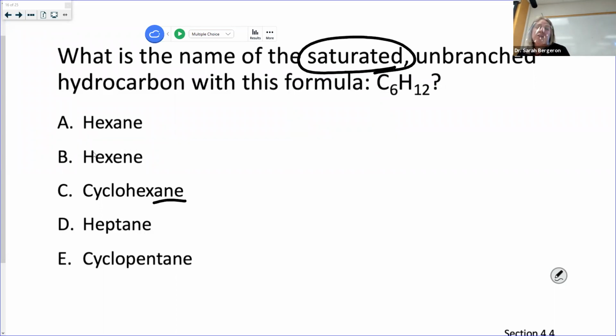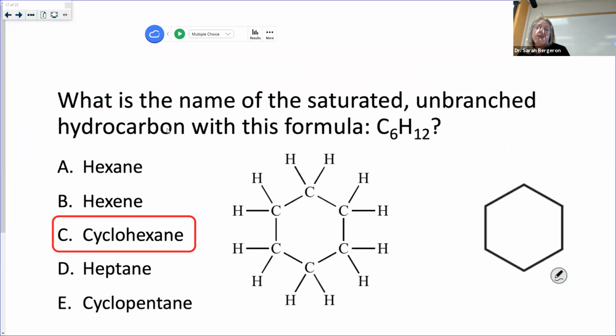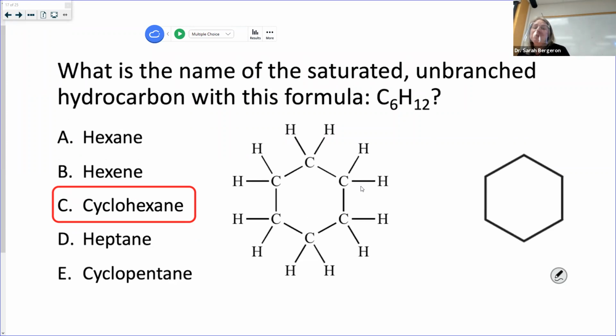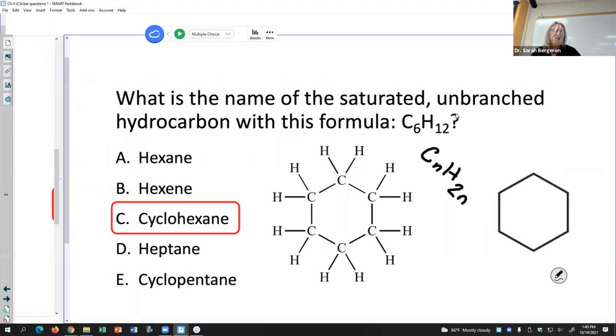But because we said saturated, we know that it is a single bond. So we know that we have all carbon single bonds, and then each of those carbons has a hydrogen attached because it's saturated. And then we know it's a ring because it fits the CnH2n, don't add the extra 2 formula, right? Okay, good, very nice, very nice.